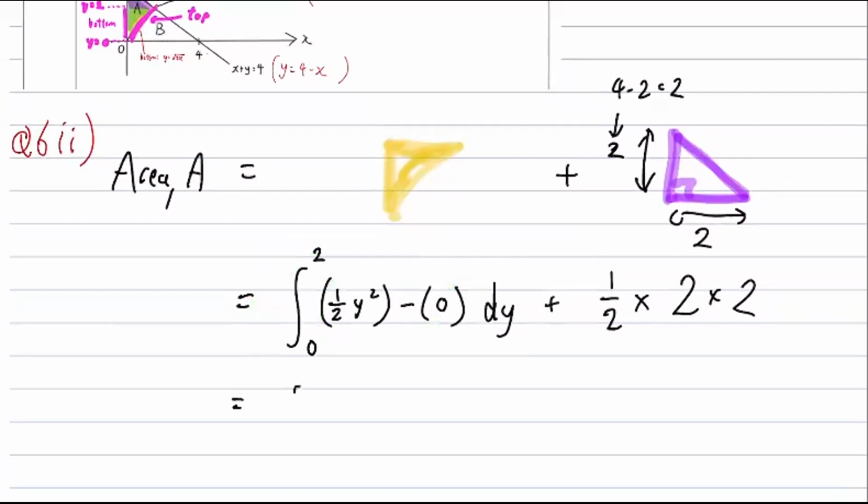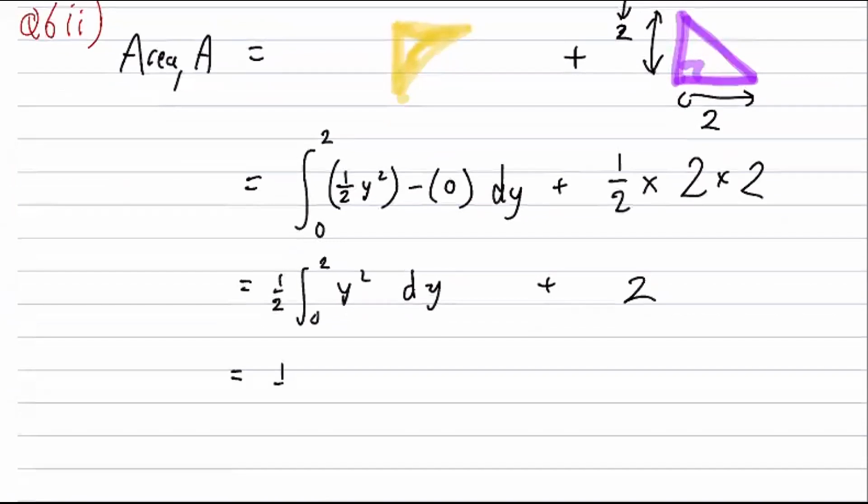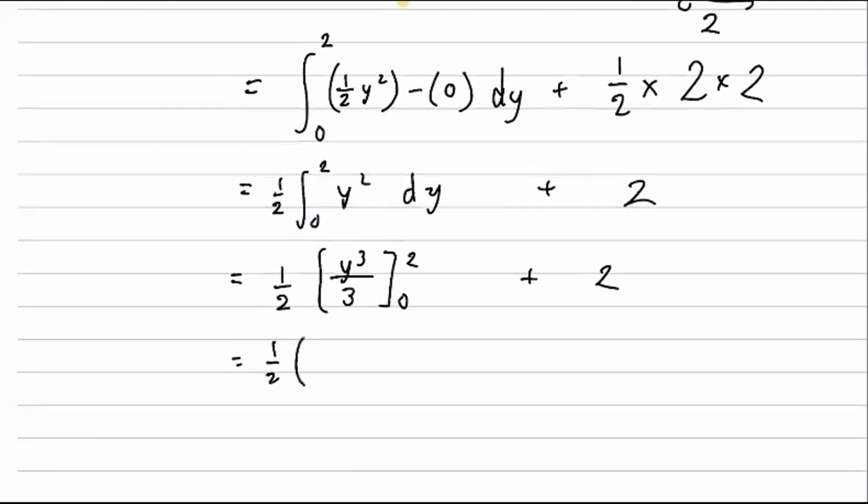Let's see. Half y square, take out the half, integrate y square, 0 to 2, dy. This one, half times 2 times 2 is just a 2. Leave the half alone, integrate y square, get y cubed over 3, 0 to 2, plus 2. Sub in 2 cubed over 3 minus 0 cubed over 3, plus 2.